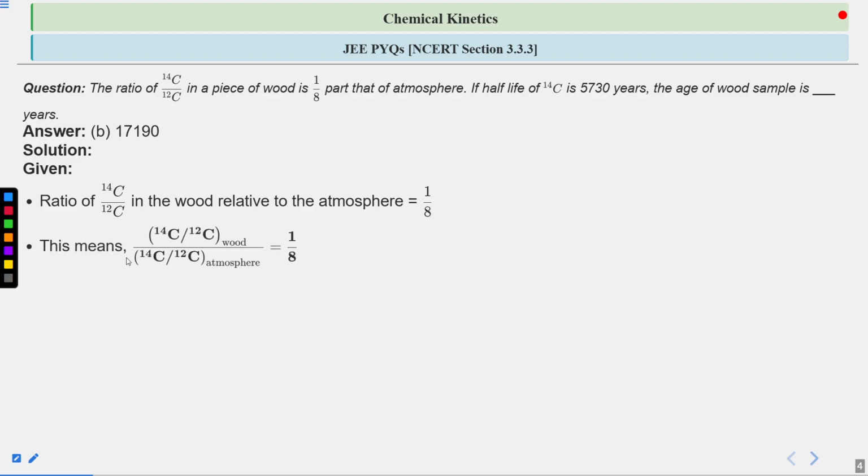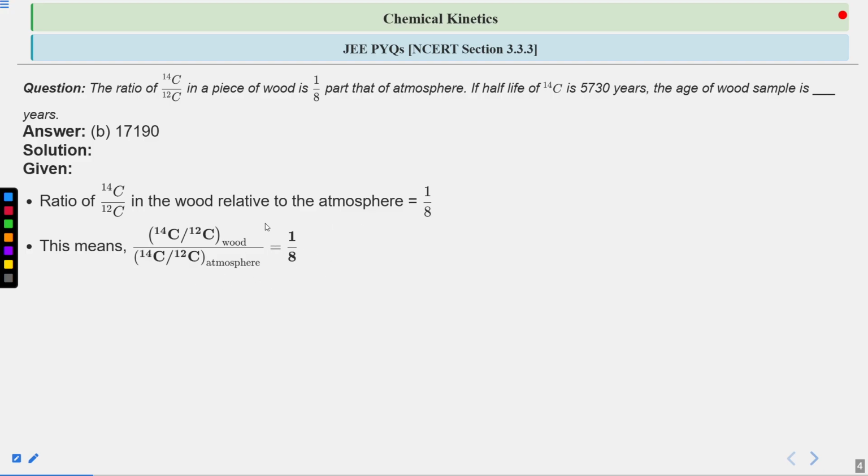Another thing we have been given: you can write that the 14C to 12C ratio in a piece of wood is 1/8 part of that present in the atmosphere. So you can write this as the ratio in the wood divided by the ratio in the atmosphere is equal to 1/8.